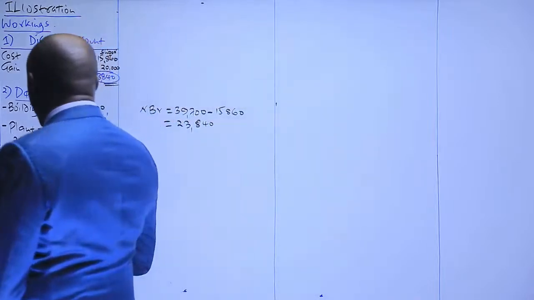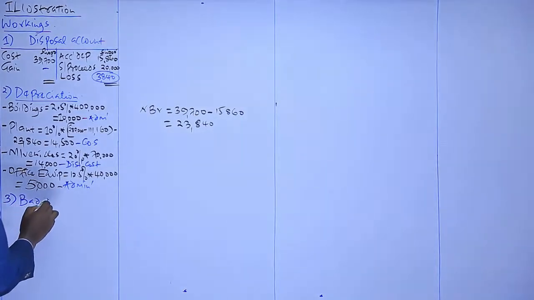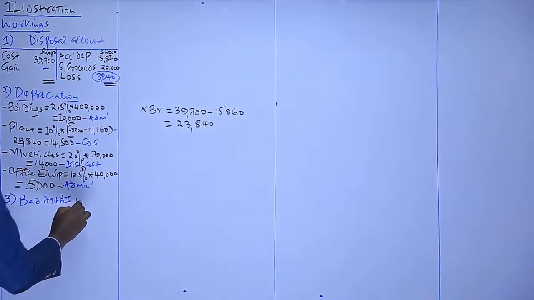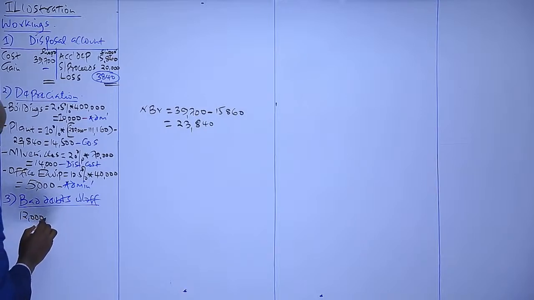So those bad debts written off, for non-existent receivables, are an amount of 12 million, but we said we are working with all our figures in thousands of shillings.